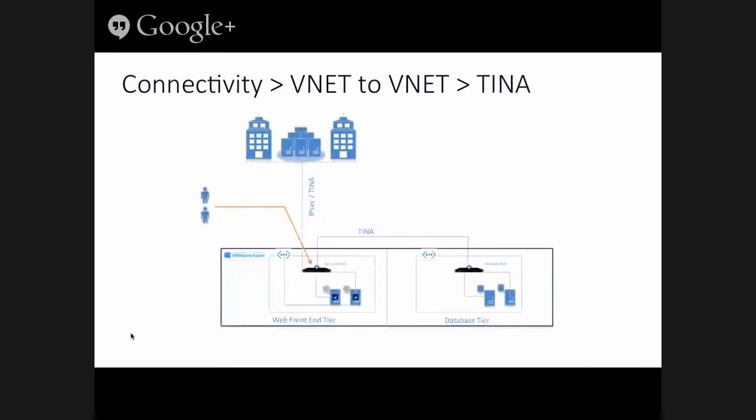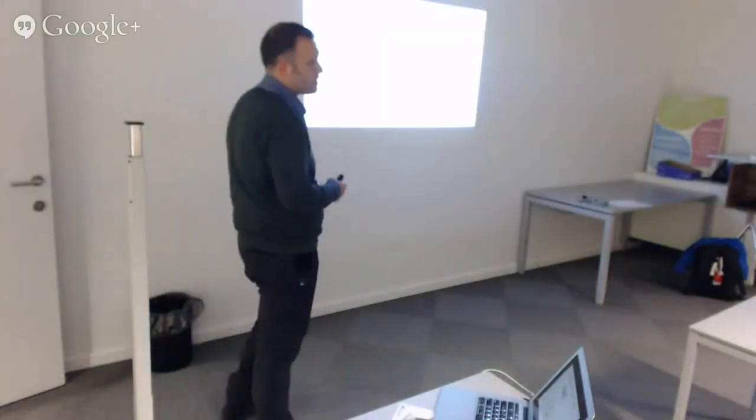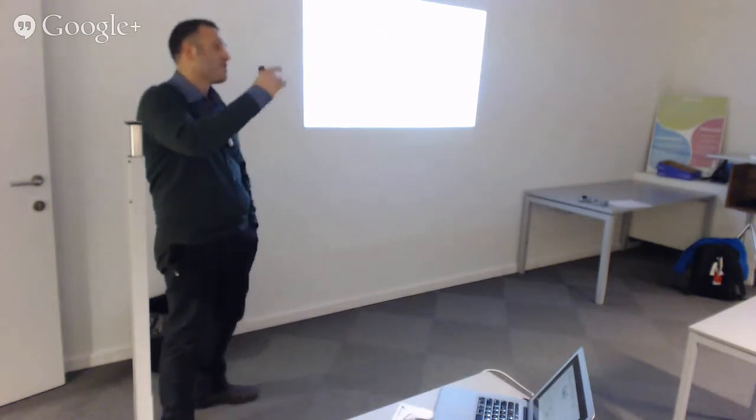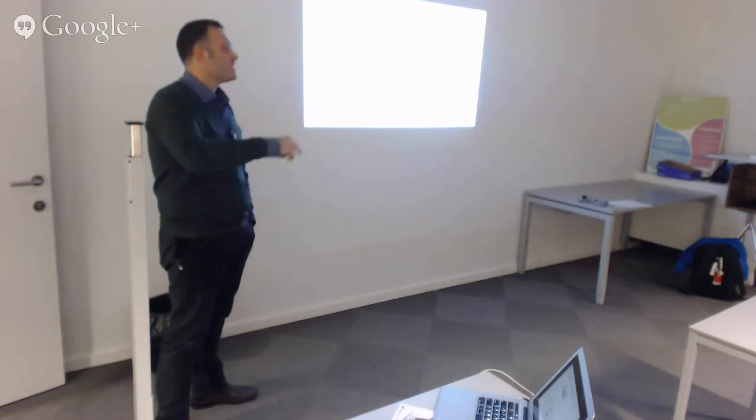The second thing that at Barracuda we've done is we have a protocol called TINA. Now, TINA is, instead of IPsec based, SSL based. So it's also encrypted, but it runs over a lot more different ways. What I mean, it runs over TCP, UDP, it runs over ESP, which is the default for IPsec. Now remember, if you go back to one of our first slides, Azure only supports TCP and UDP.